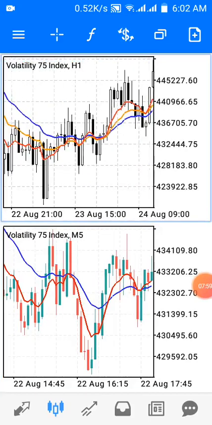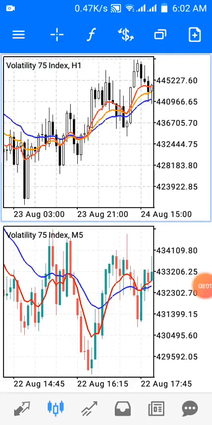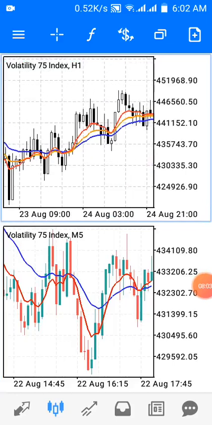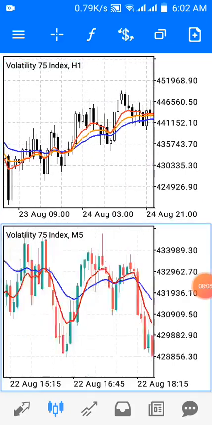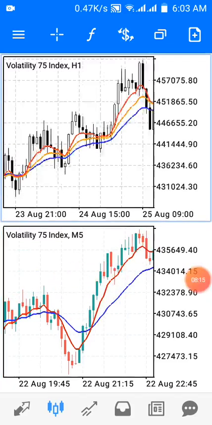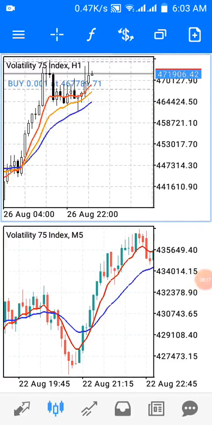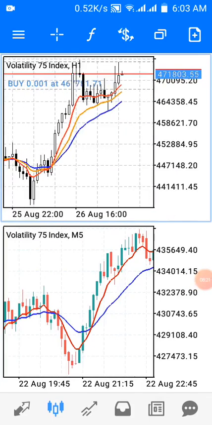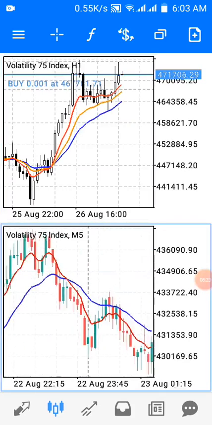So for a cross up at the same time on the upper window, like we can see, you also wait for your lower window to cross up, then you continue to buy. Like around here, on the current screen, we have an uptrend.